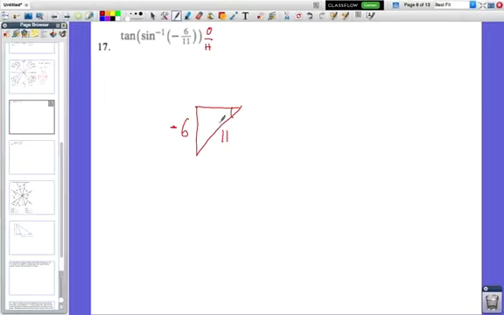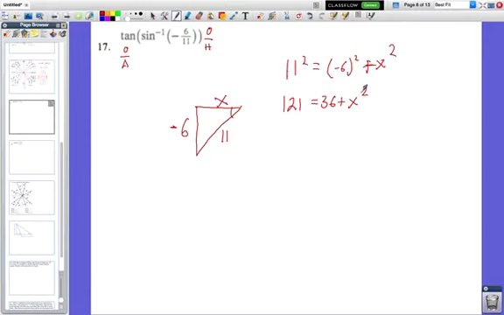So with that, I'm going to try and find this adjacent side, because tangent is opposite over adjacent. So I'm going to do 11 squared equal to negative 6 squared plus x squared. So 11 squared is 121, equal to 36 plus x squared.